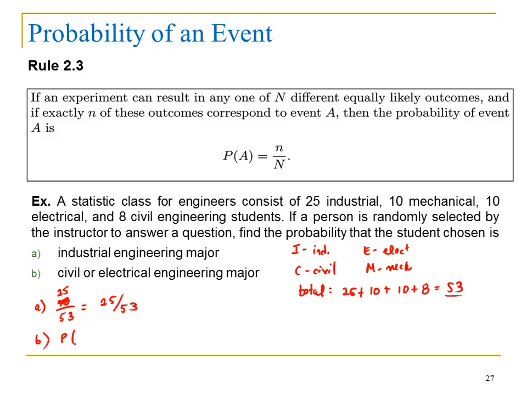So the probability of C union E will be equal to 8 plus 10 out of 53. And that is 18 over 53. Any questions?